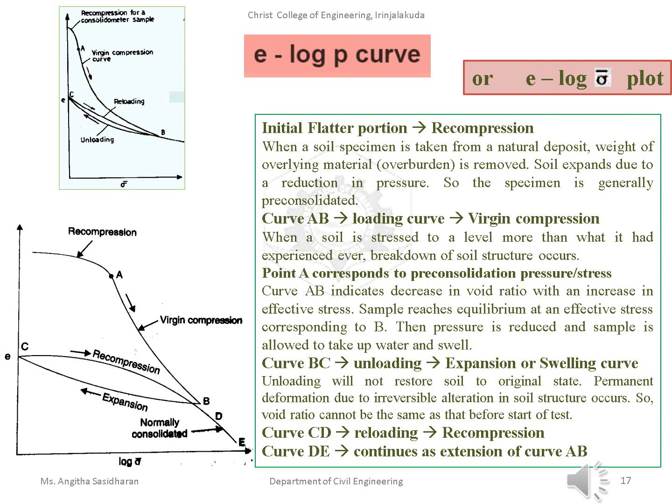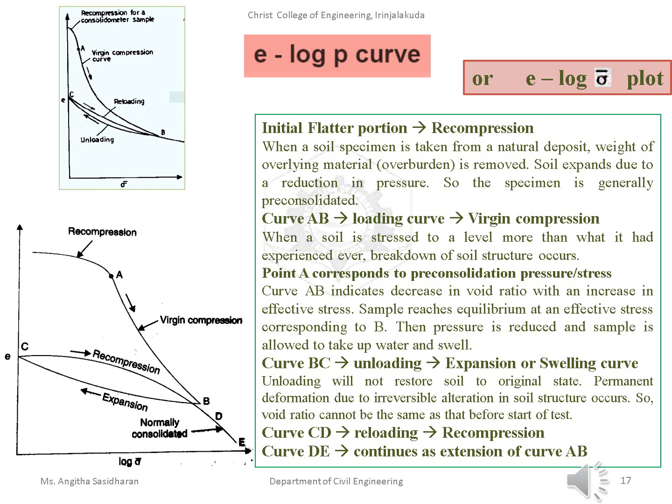So this is the E sigma dash curve, and the variation here is not so linear. If you have a more linear curve, it will be easy for us to do the calculations. We can easily assess the behavior of that particular soil. So that is why we can see another plot here, between E and log sigma dash.